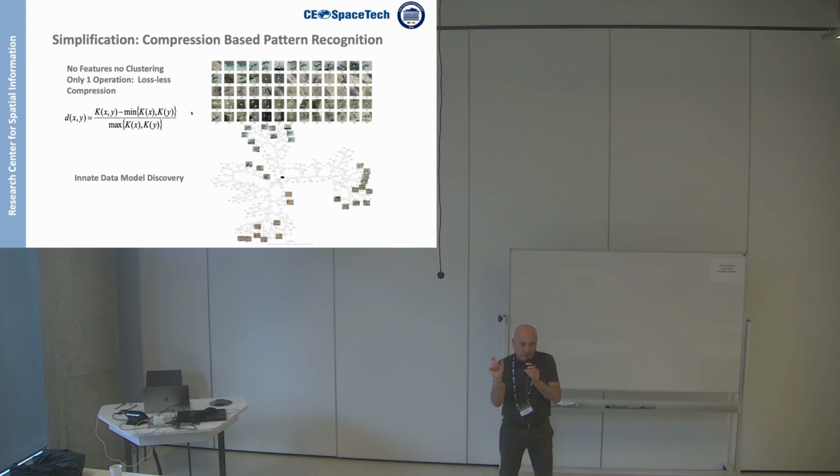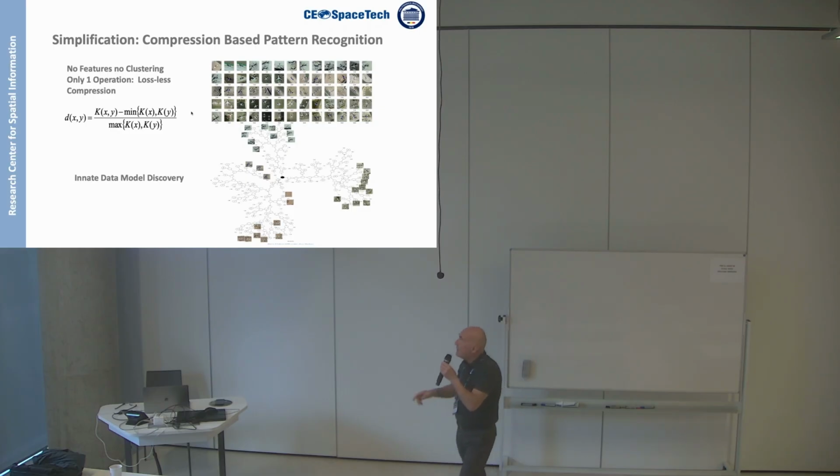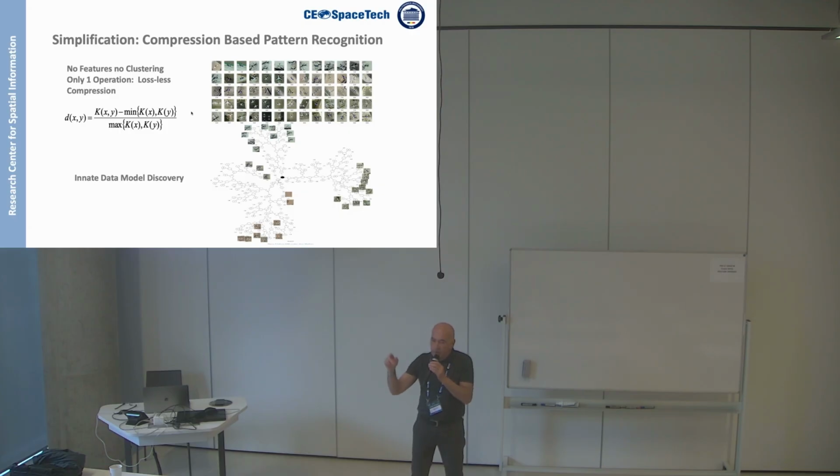Later, we take one image and concatenate it with all the other images, and for the pair of images concatenated, we compress and write down another number, the length of the compressed file. And this K of xy is the length of the compressed joint files. K of x and y are the lengths of the individual compressed files.